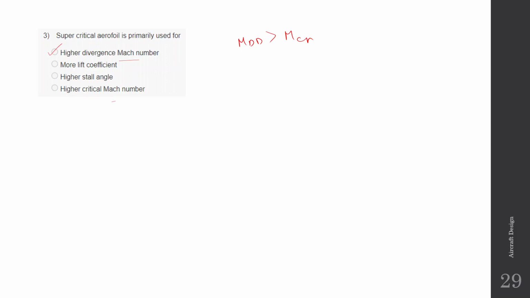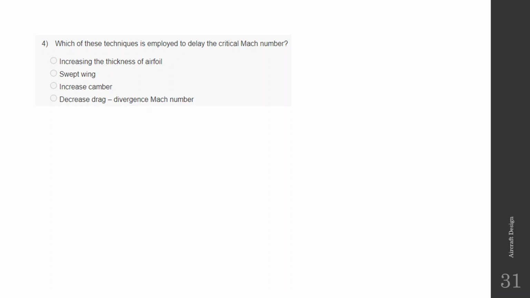Okay, so now the next question. Here the answer is swept wing.